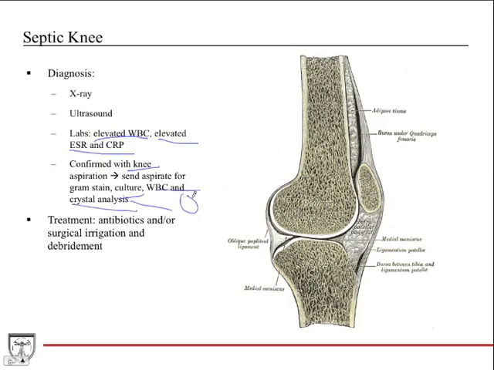Well, looking for gout, because gout can also present with severe acute onset pain in the knee, swelling in the knee. So you definitely want to differentiate those two, so you'll get crystal analysis as well to tell if it's gout versus a septic knee. Treatment, if it is a septic knee, you're going to do antibiotics and/or a surgical irrigation and debridement, or I&D.